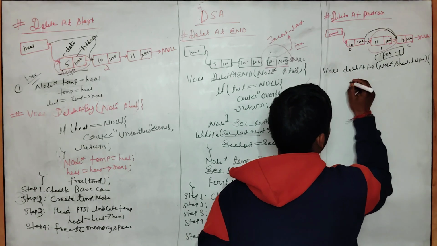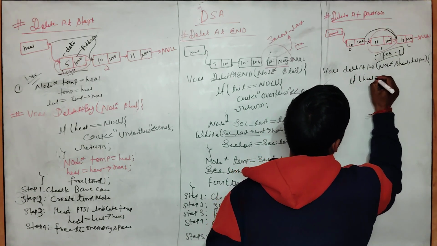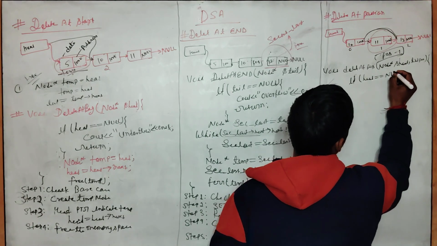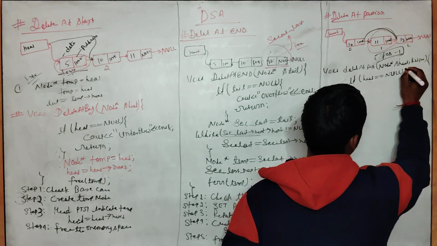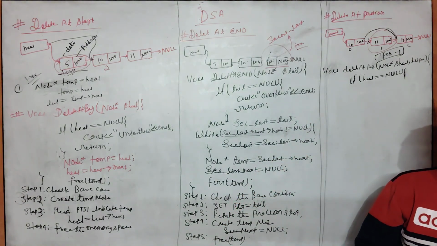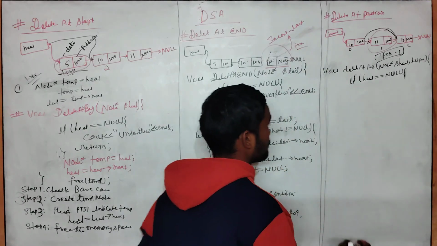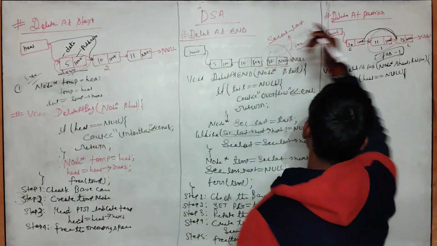Base condition: if head is equal to null, then what do we write here? I am writing delete at the beginning.